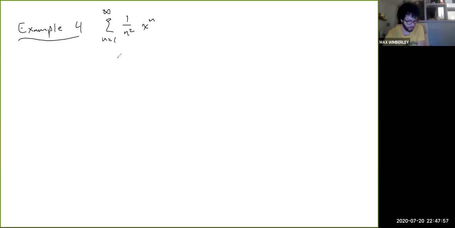And then here's an example where the radius of convergence is finite, but the interval is closed on both sides. This is the series sum of 1 over n squared times x to the n, n equals 1 to infinity. Again, r equals 1, right?